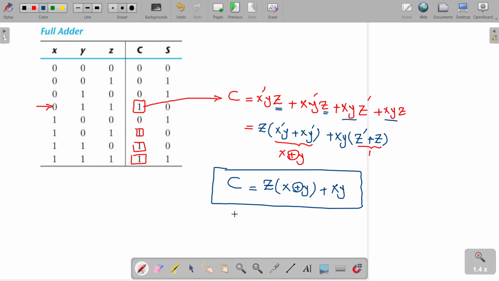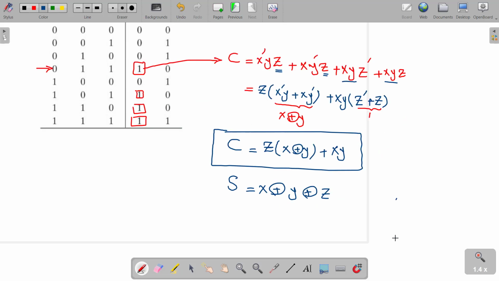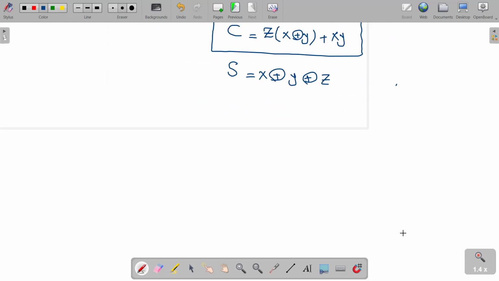And we actually rewrite the S in the form of x XOR y, XOR z. Why do I write the C and S in this form? Because I want to redraw this circuit. Look at here, we say that we have x and y and also z.